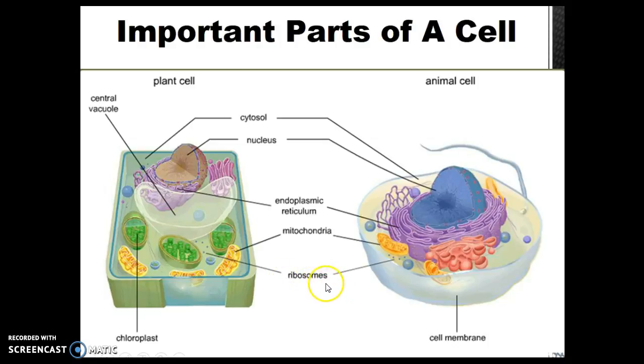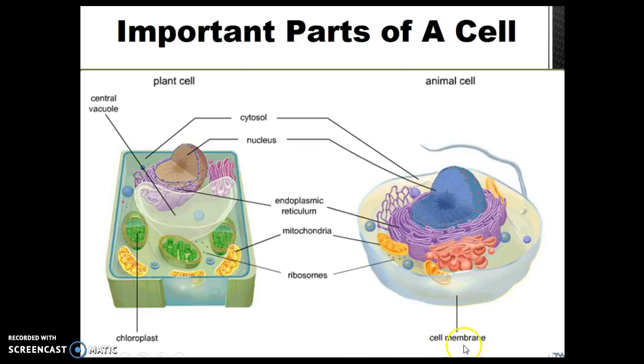That's going to be part of that endoplasmic reticulum as well, in creating proteins. Chloroplast, unique to the plant cell. That is where it's going to house the chlorophyll and help with photosynthesis.